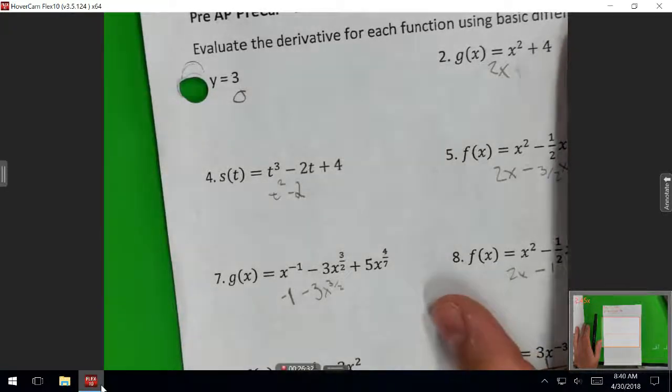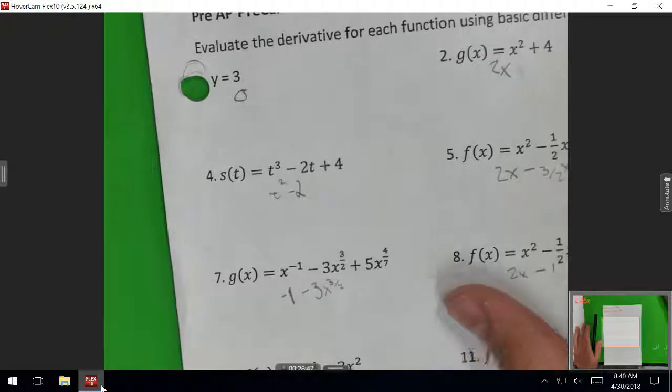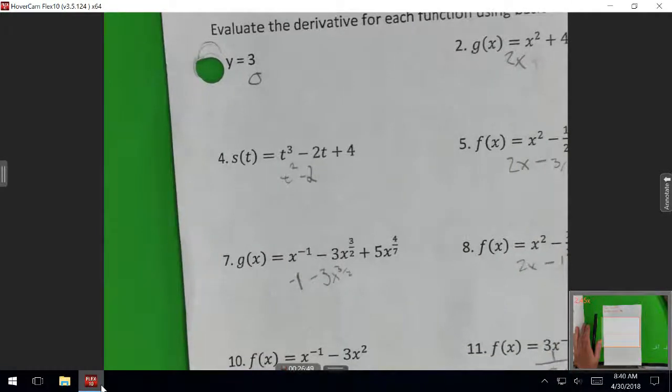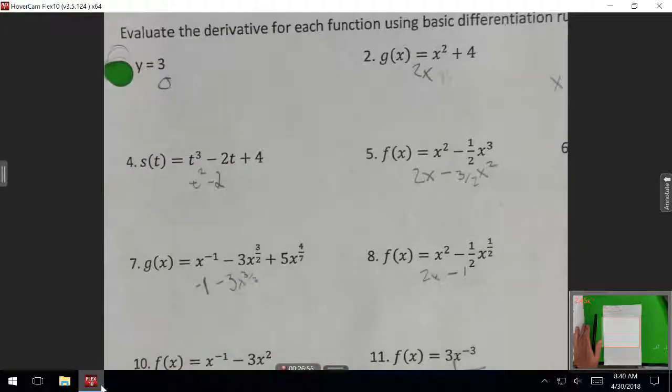Well, yeah, the first one will be 0. Why is it 0? Because it equals 3, and 3 is a what? What type of number is 3? It starts with a C. Constant. Good. Okay. Number 2. Go on to number 2. And number 2 would just be 2x?